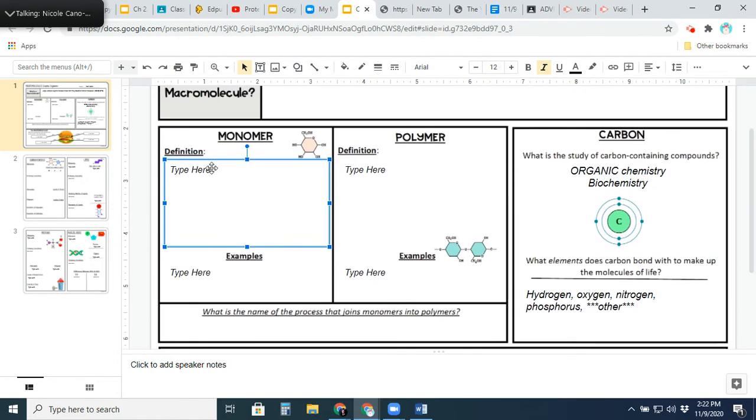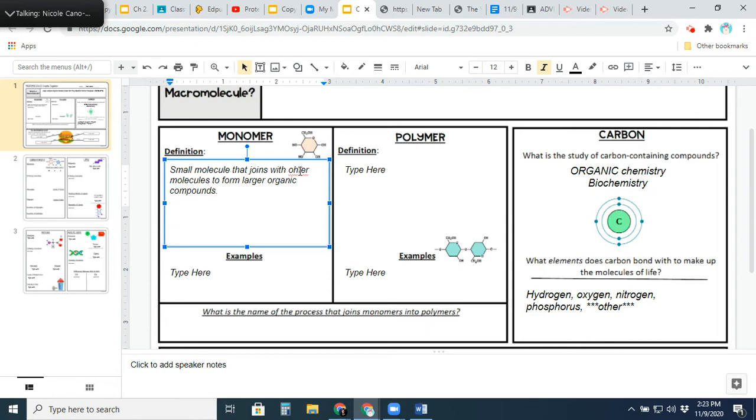A monomer is a small molecule that joins with other molecules to form larger organic compounds.